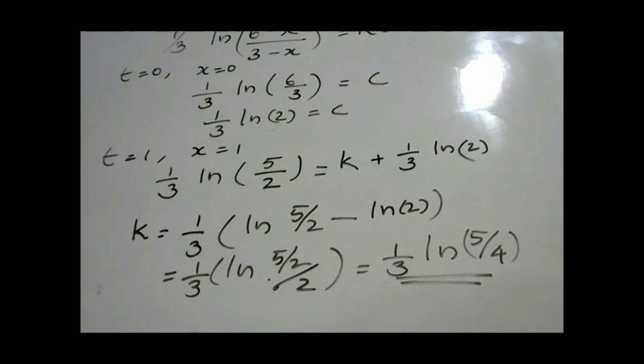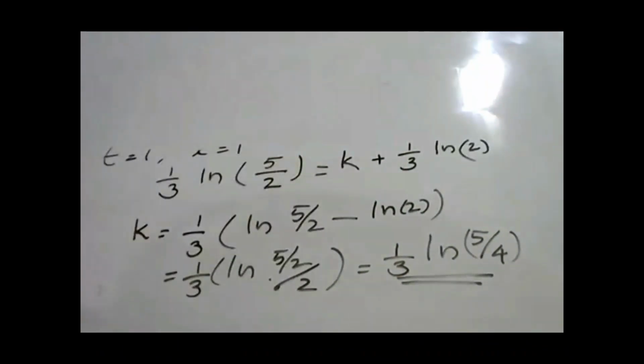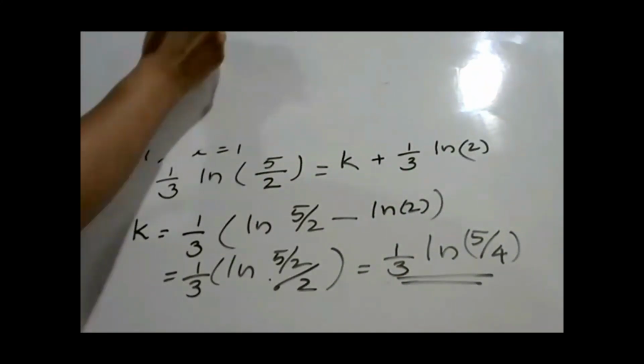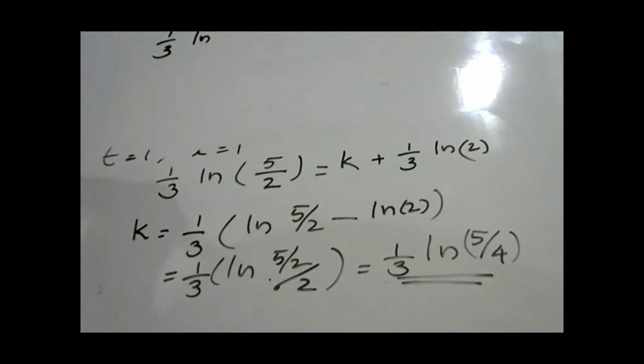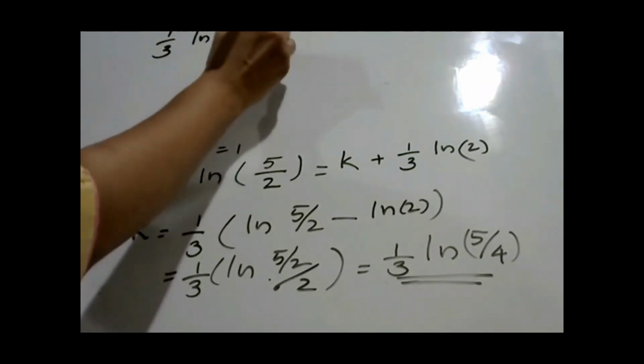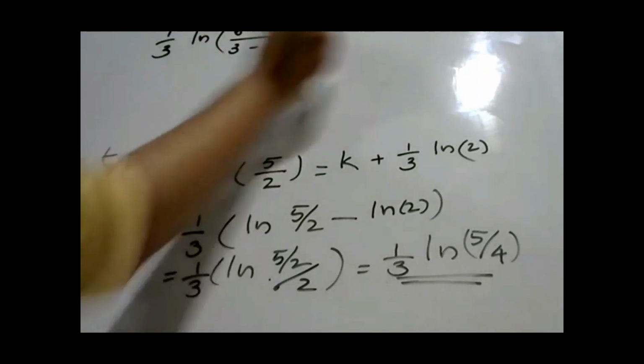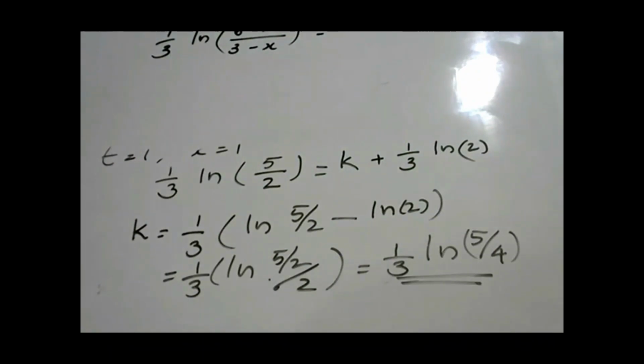And in the next part, we are asked to find the value of x when t is equal to 2. So here our equation is 1 over 3 ln of (6 minus x) over (3 minus x) is equal to kt plus c.